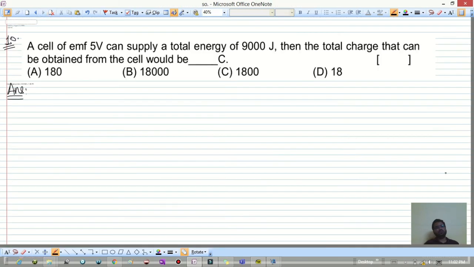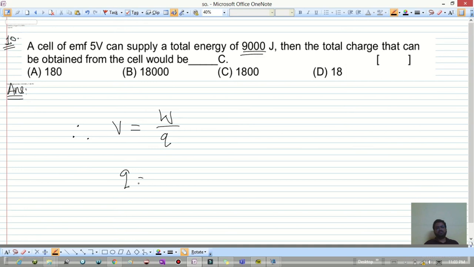And the last question we have over here is: a cell of EMF 5 volt can supply a total energy of 9000 joule. Then the total charge that can be obtained from the cell would be, okay. The voltage V is equal to work done on a unit positive charge.